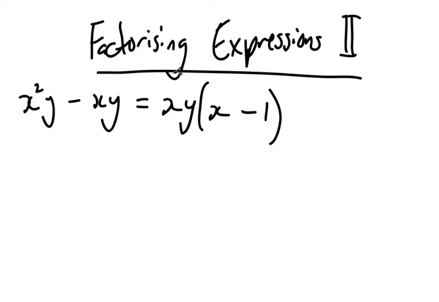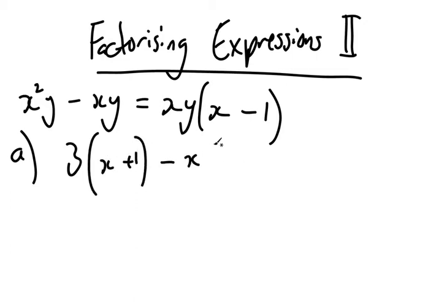So let's have a look at something like example A. And example A will say is 3 times (x plus 1) minus x times (x plus 1). Now this looks already factorized, but it's not quite.